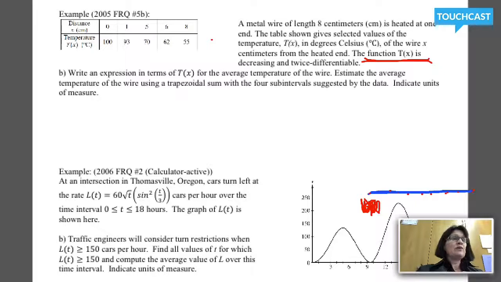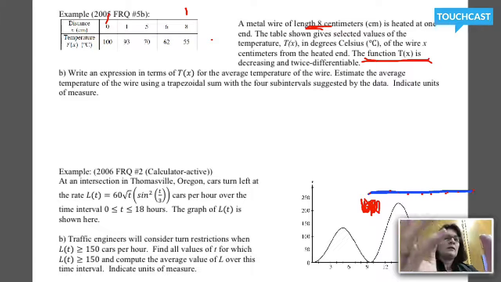Well, we're going to have 1 over b minus a times the integral from a to b of temperature to get average temperature. Only problem is we're going to have to figure out what a and b are in this case. So we've been told the whole length of the wire is 8 centimeters. You can even see here I have a temperature reading at distance 0 and a temperature reading at distance 8. So I'm going to use 0 and 8 for a and b.